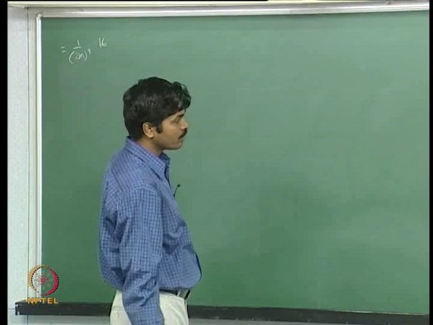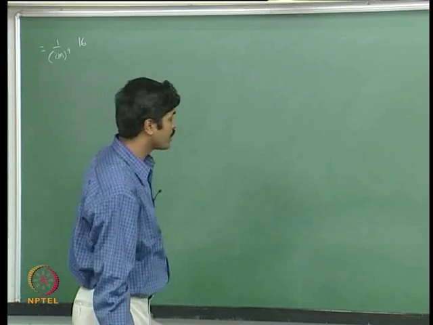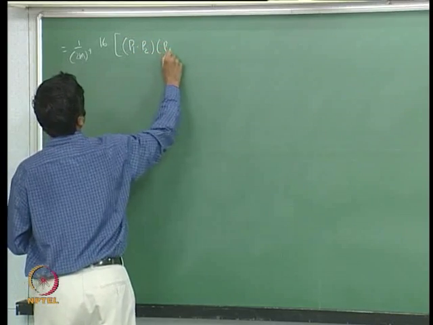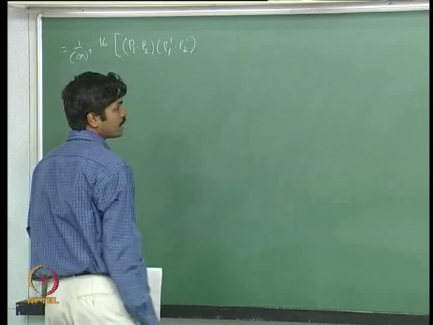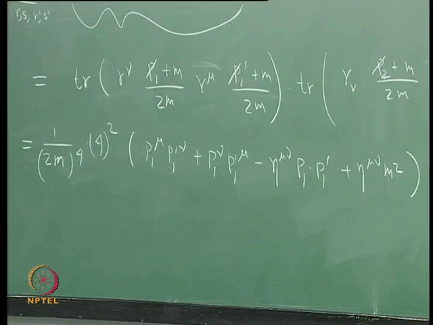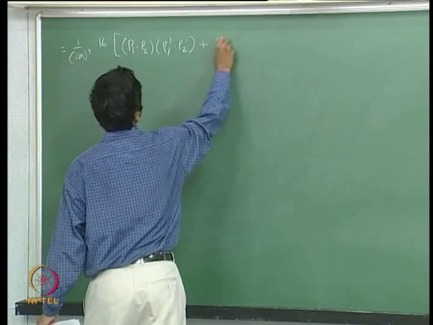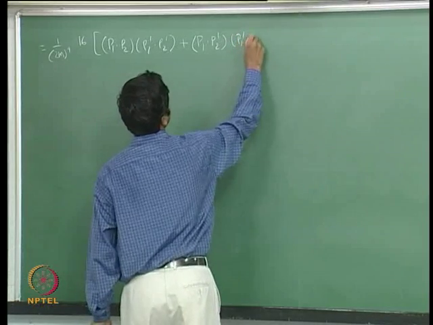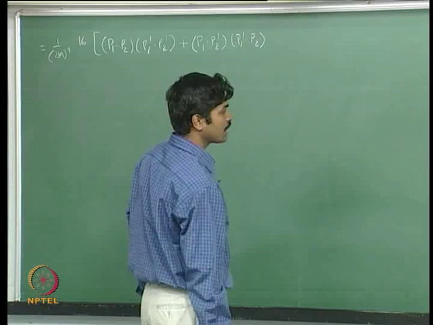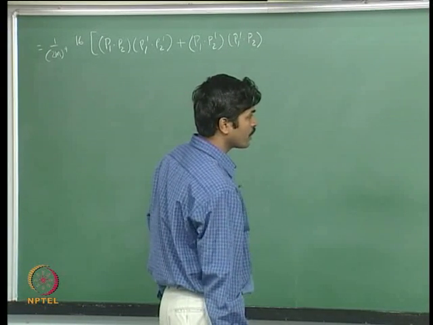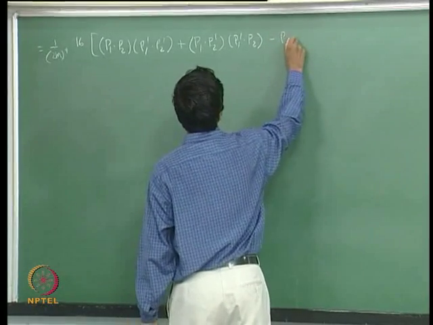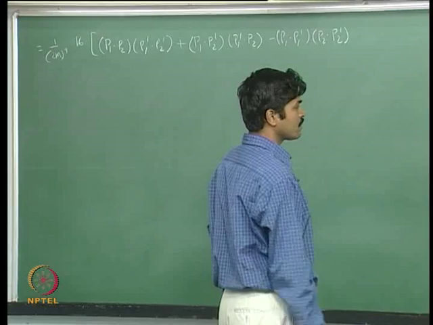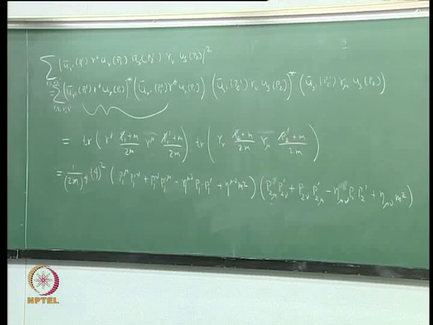The first term will give me p 1 dot p 2 p 1 prime dot p 2 prime, and then I will get p 1 dot p 2 prime and p 1 prime dot p 2, then I have to multiply this minus p 1 dot p 1 prime p 2 dot p 2 prime plus m square p 1 dot p 1 prime.